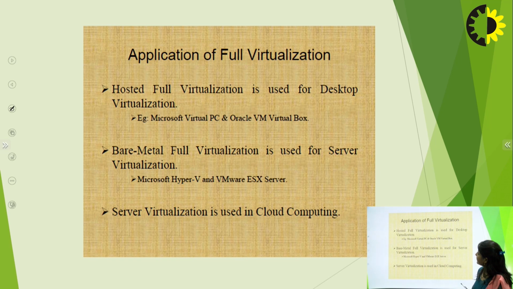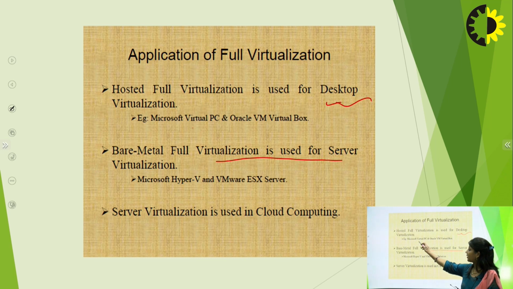Applications of full virtualization: hosted full virtualization is used for desktop virtualization, where on the client side one desktop is there and different guest OSes can be installed. Bare metal virtualization is used for server virtualization. Examples of desktop virtualization based techniques are Microsoft Virtual PC and Oracle VM VirtualBox.